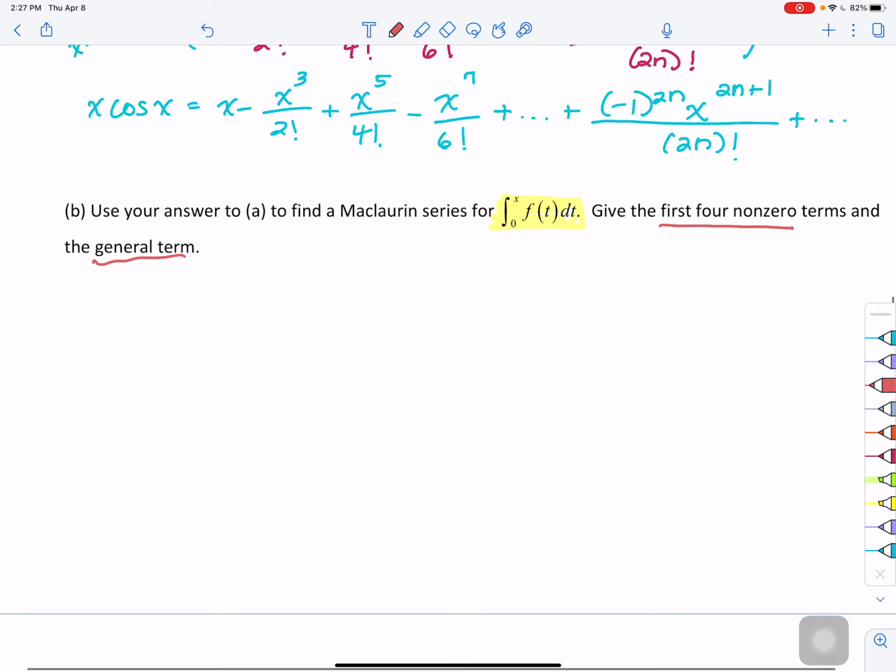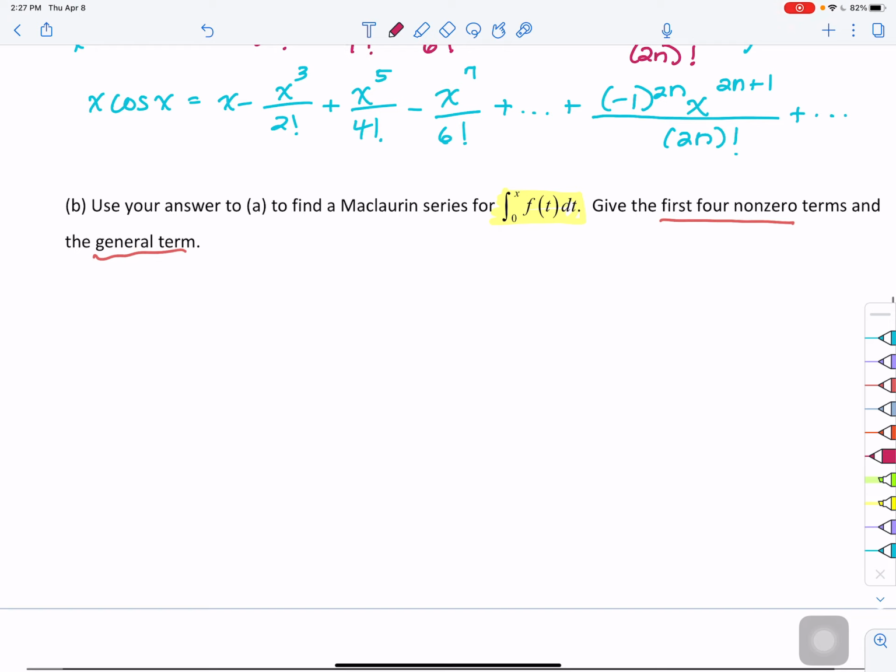So let's go ahead and see what we have. In that problem, we want the integral from 0 to x of f of t dt. And what we came up with in part A was the integral, let me just put that there.